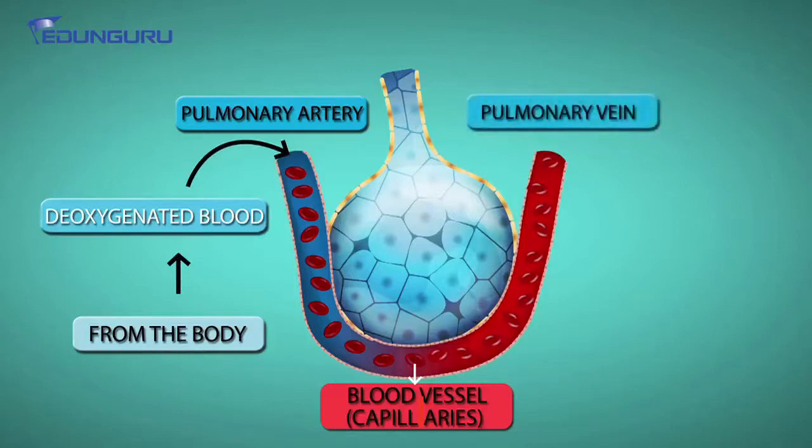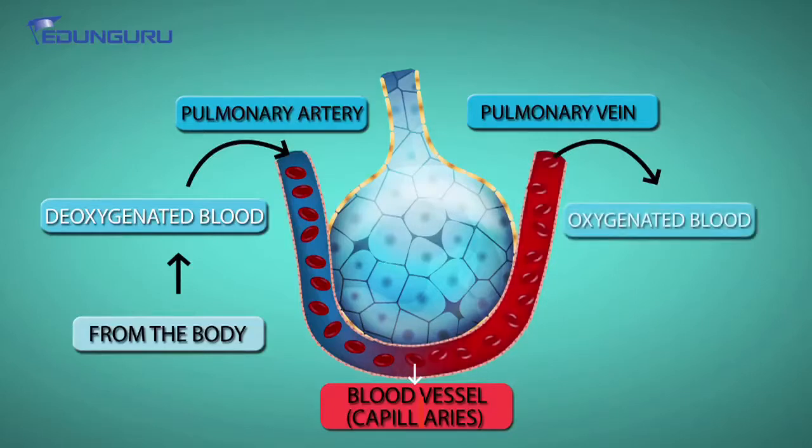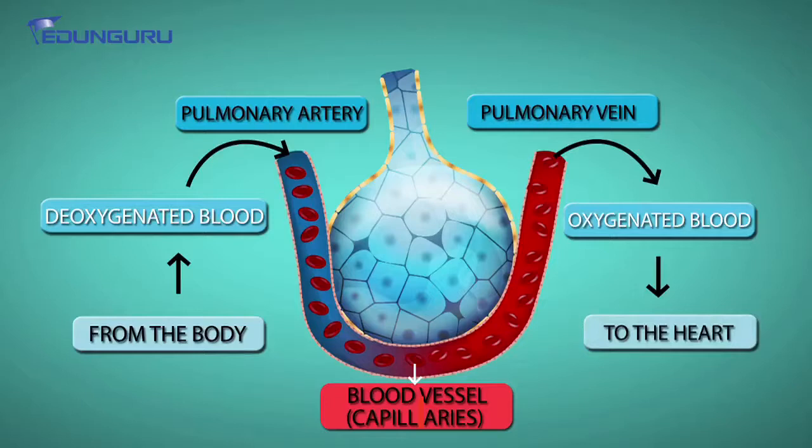All the veins of the body carry deoxygenated blood except the pulmonary vein, which carries oxygenated blood. This pulmonary vein will take all the oxygenated blood into the heart, and from the heart it is pumped into the body. So this is how the alveoli work.